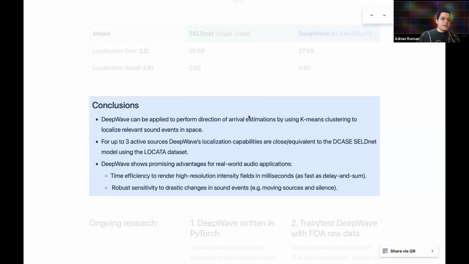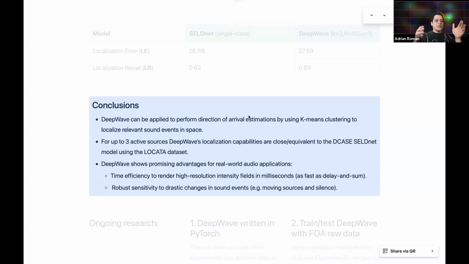That's a really good question. We don't have temporal context right now in DeepWave. However, that's one of the features that I want to add to the network. I'm writing DeepWave in PyTorch right now, and the reason is to add a lot more features that I see the model is lacking. One is the temporal context. Essentially, the model right now takes 100 millisecond frames of audio, and for the next batch, it doesn't know what happened before.